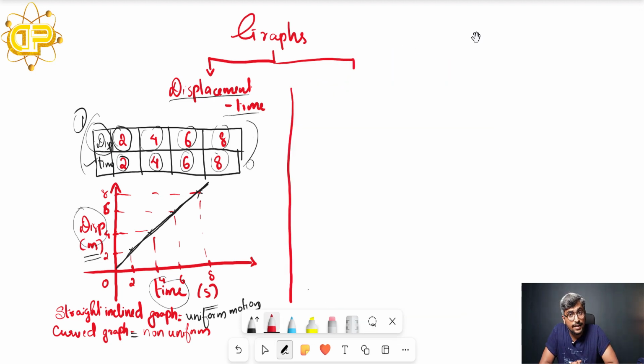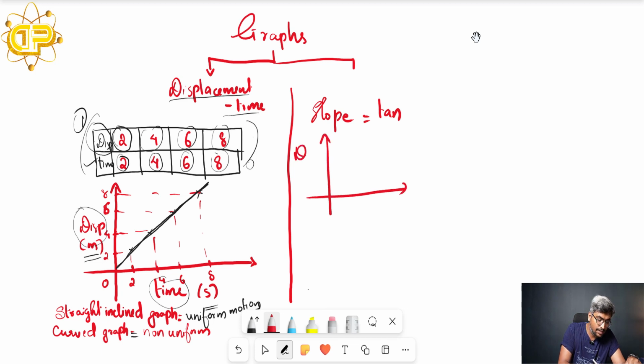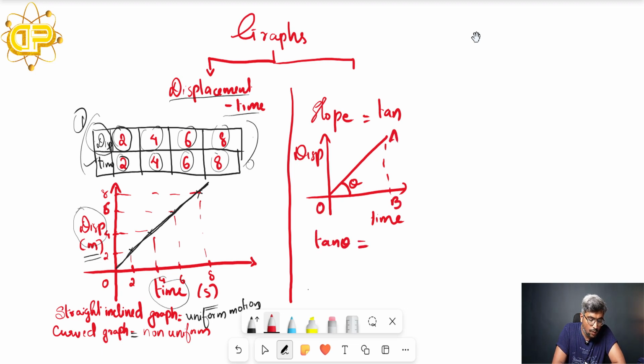Now, if I'm taking the slope of a graph, what do you mean by the slope of a graph? Slope of a graph means tan theta. Just imagine that you have a displacement time graph and you got a graph like this. Then the angle between the time axis and the graph is theta. Tan theta is nothing but the slope, and tan theta is equal to opposite by adjacent, that is AB by OB.